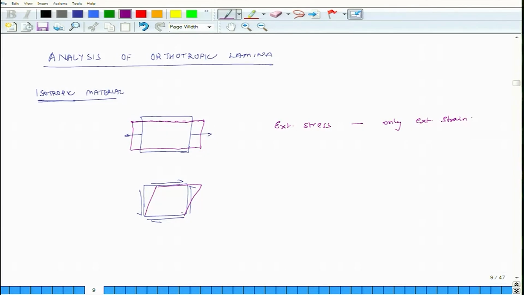So the thickness and the length of the object do not change. So shear stress generates only shear strain. This is the observed behavior of isotropic materials.